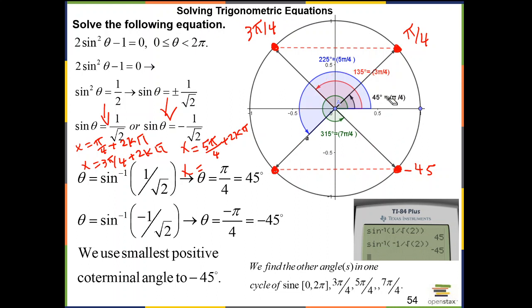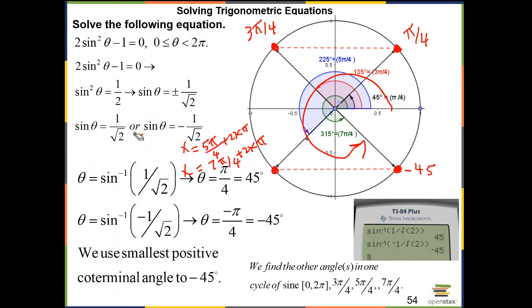So this positive angle here is 7 pi over 4. So we write 7 pi over 4 plus 2k pi. So how many equations do we have to use to find all the solutions for that? 4 equations. So let me write all of them down in the next slide and work with them.